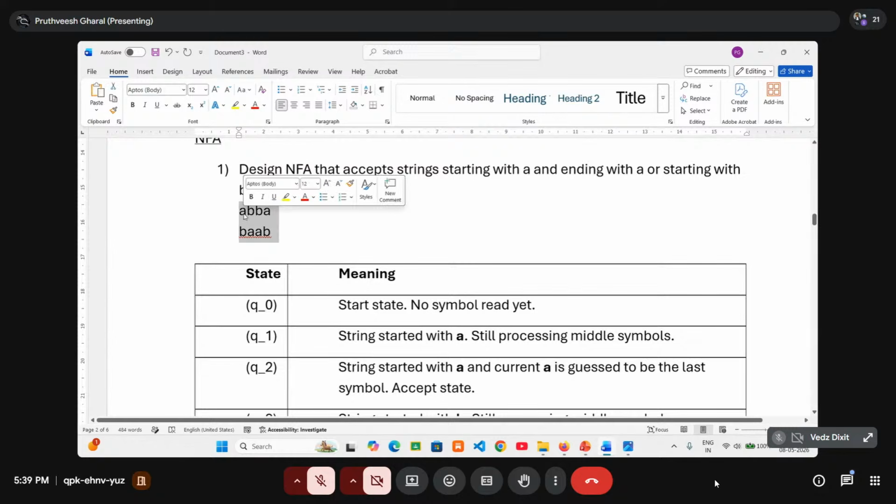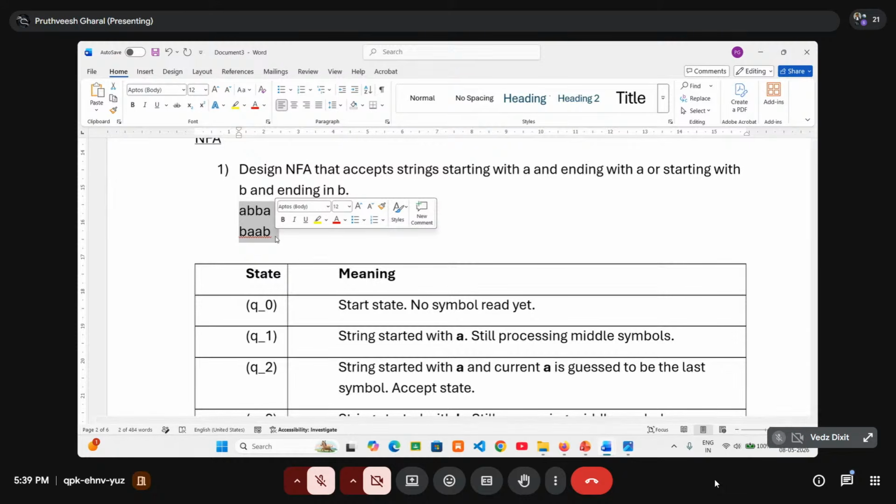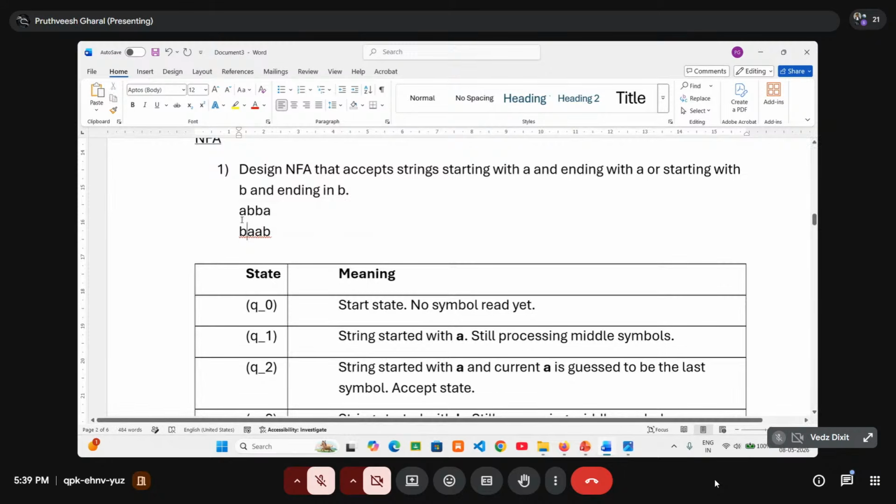So the start state of the NFA that I'm going to define is one where I have no assumption. A B B A or B A B. The start symbol could have been anything, A or B.